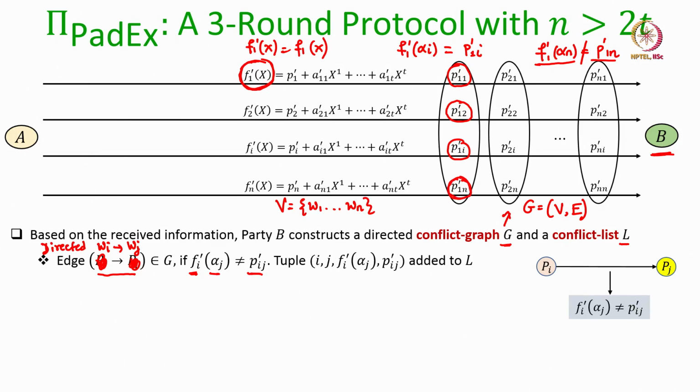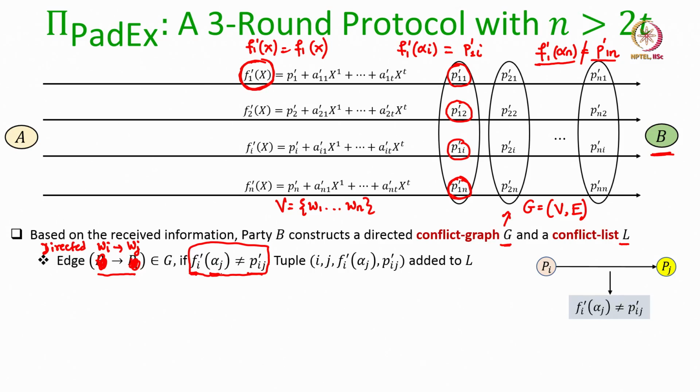What exactly is the case? Node B will not be knowing, because it does not know what exactly are the corrupt wires, right. What it can conclude only is that the wire 1 is corrupt or wire Wn is corrupt. So, basically through the conflict graph, the party B is trying to capture all such mutual conflicts between pairs of wires.